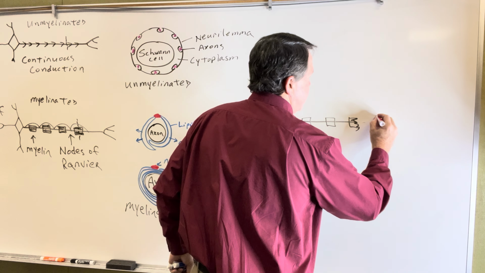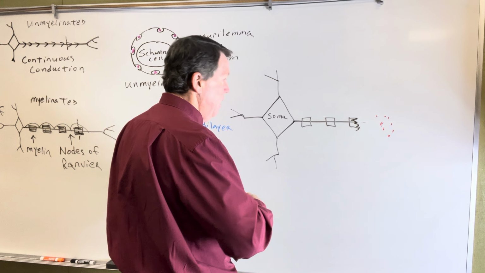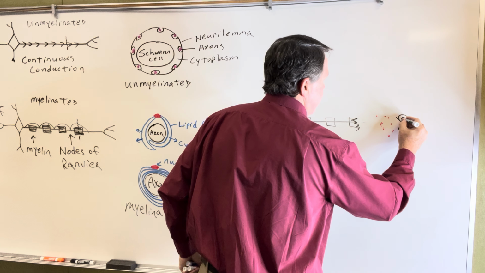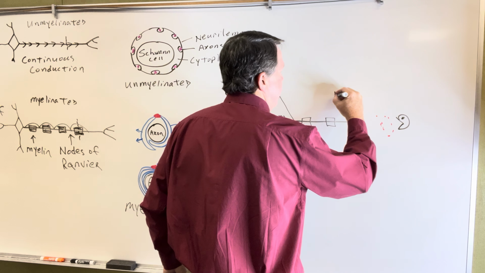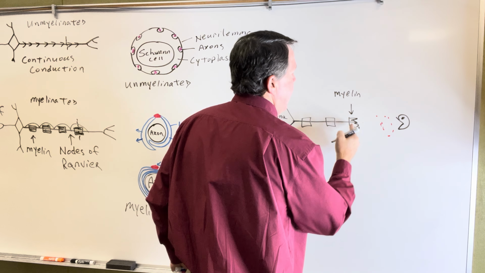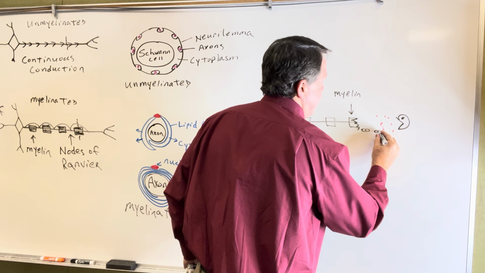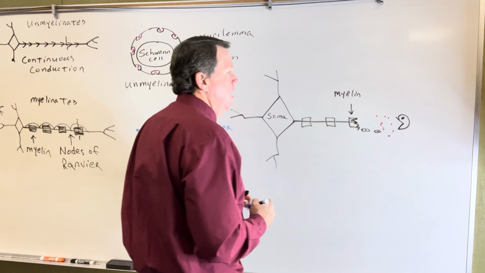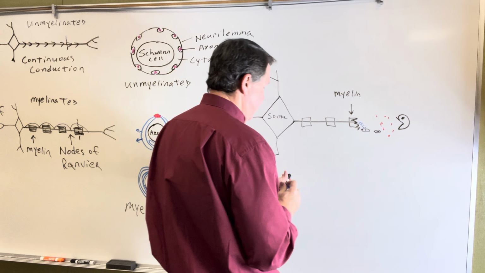And from the damage, we start to get particles here. So what's going to happen now is white blood cells are going to come and clean up this debris here. At the same time, remember, this is my myelin, and my myelin is made by Schwann cells. So at the same time, this is going to start producing more Schwann cells. And these Schwann cells are going to release growth factors and different substances that are going to help that axon start growing again.